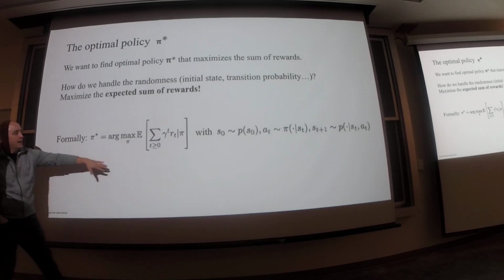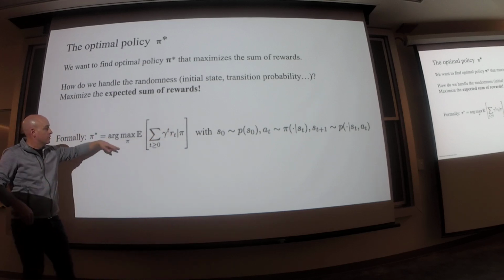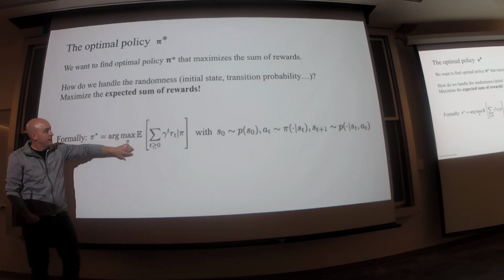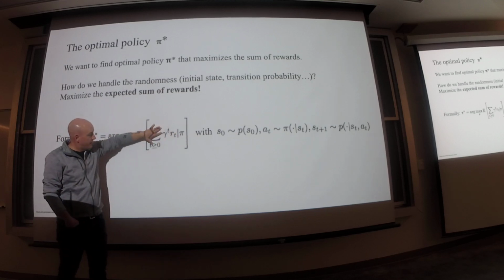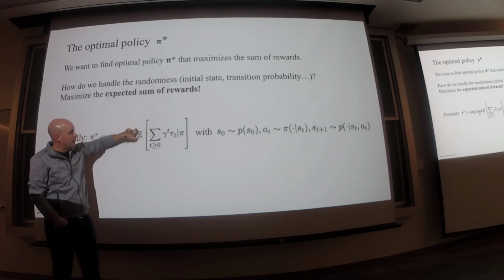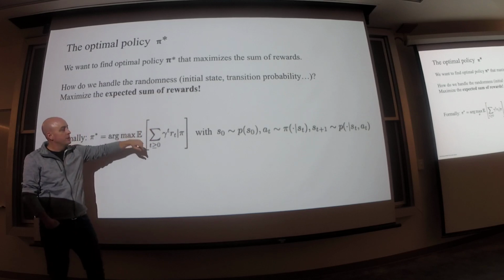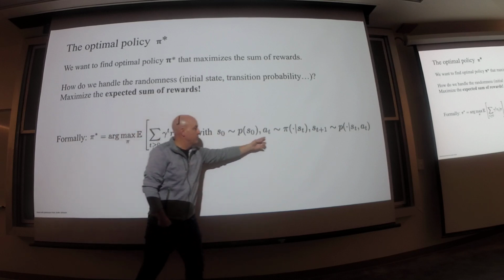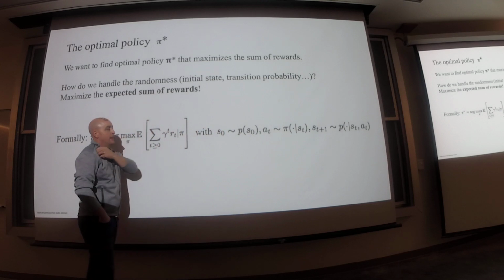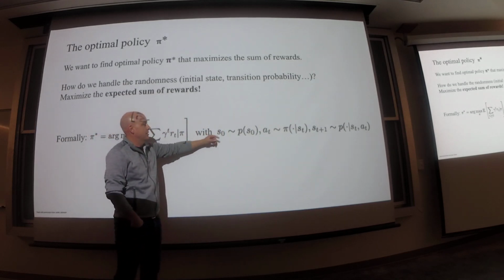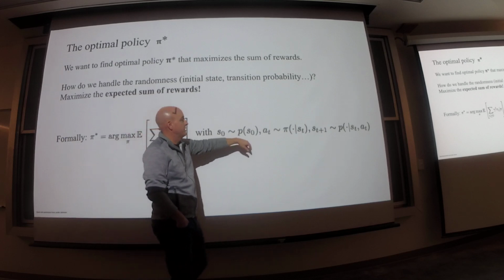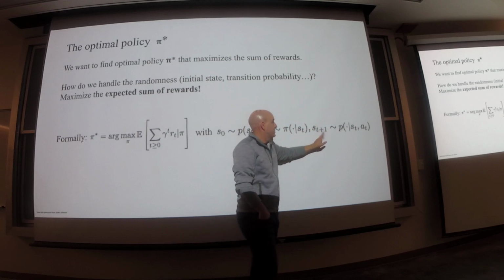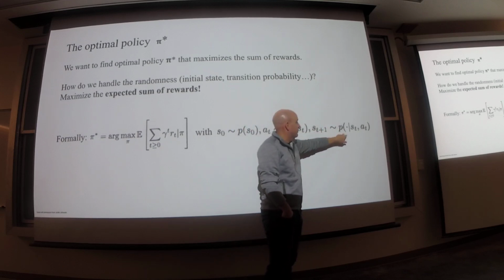So again, this is the thing that we're trying to maximize. We're trying to find a policy. So pi star is the policy that maximizes this, but we now think of it as the expected cumulative discounted reward, where the expectations are taken over these different distributions. We have our initial state drawn from this distribution, our actions drawn from this distribution, the policy being a distribution over actions given the state, and then our new state is drawn from this distribution.